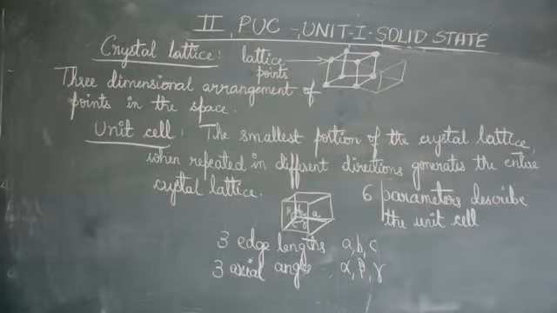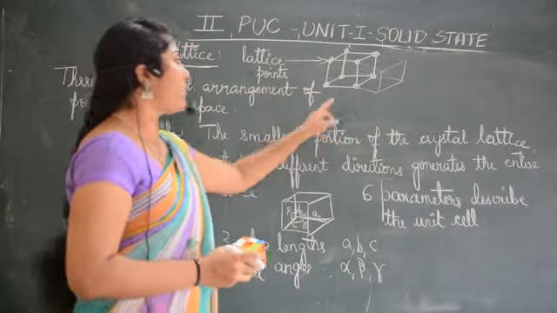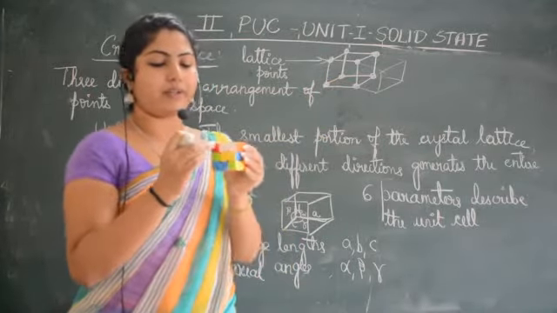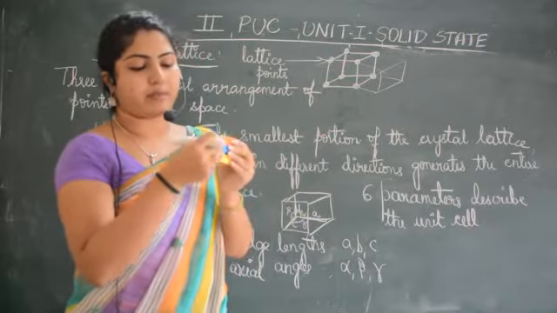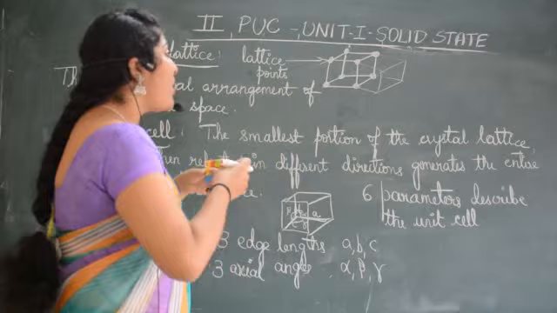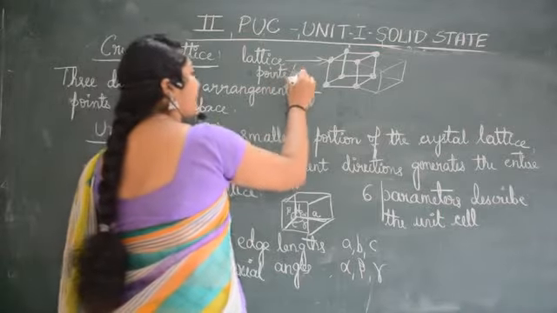Next, what we have to see is that these points are called lattice points or lattice sites. I have told you, isn't it? The points on the crystal lattice, where we denote that there is one atom present here, one more atom at the corners, are called lattice points, or also lattice sites.